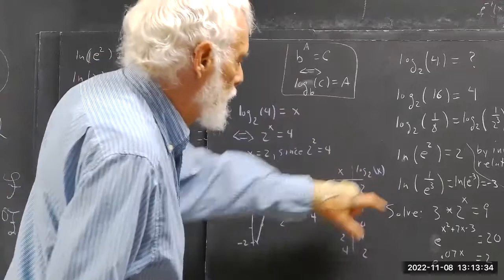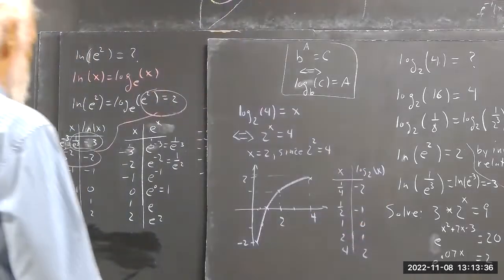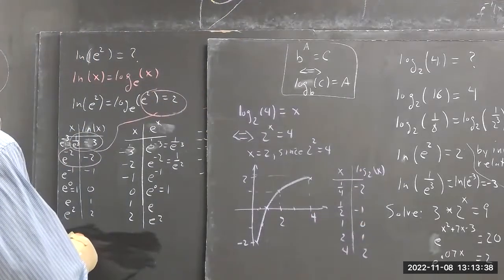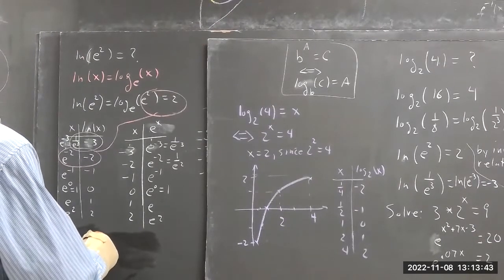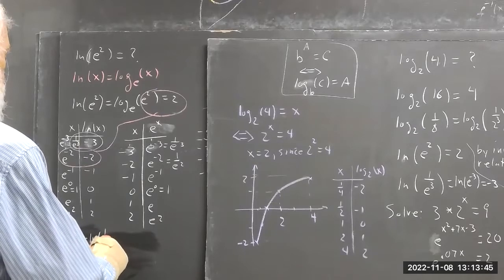So if I want to do the natural log of 1 over e cubed, let's say I just make an equation. x equals the natural log of 1 over e cubed.